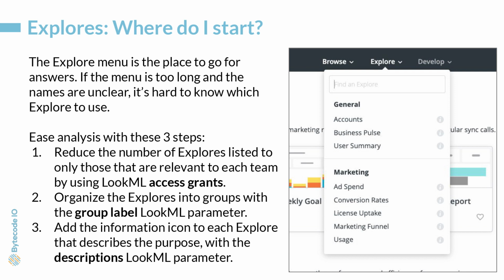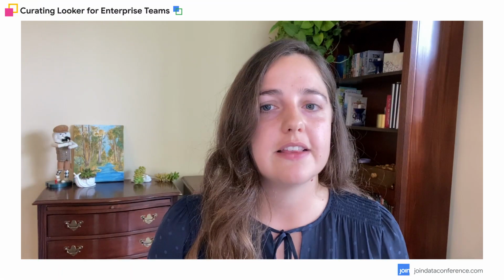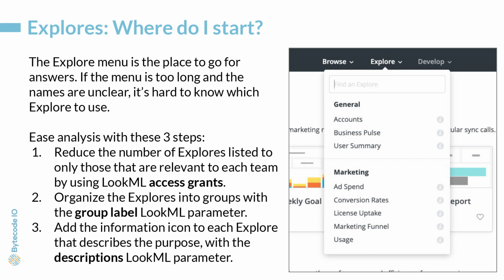For example, utility explores can be limited to the development team, and explores that show salaries can be limited to human resources usually. Consider each team and only show the explores that they really care about. Organize the explores into labeled sections using the group label parameter. Another really useful and underutilized parameter is the description parameter.